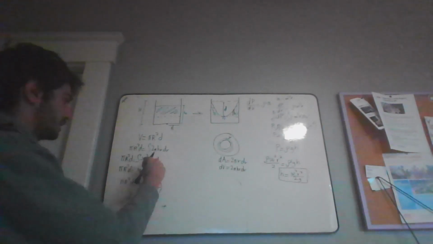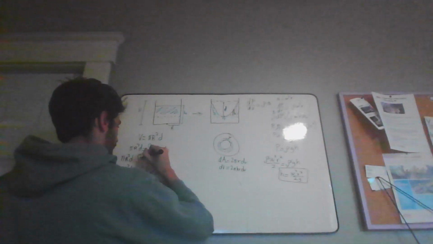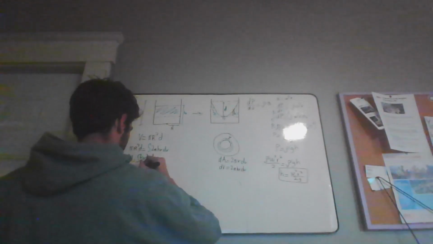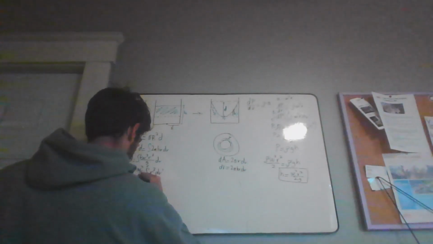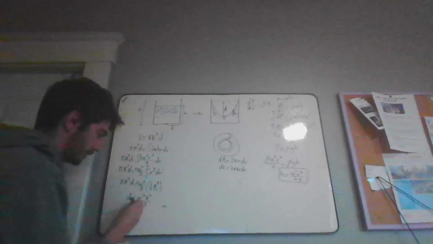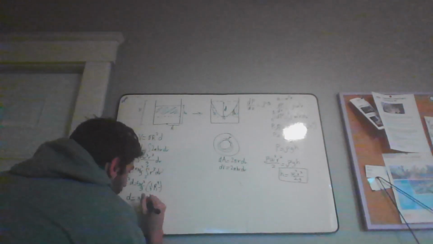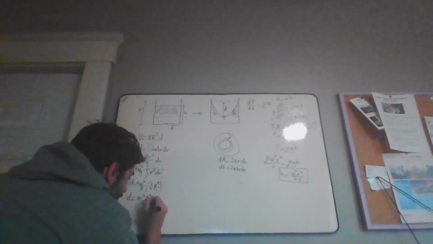So I kind of lost this pi somewhere here. So there should be no pi. It should simply be for g, I believe.